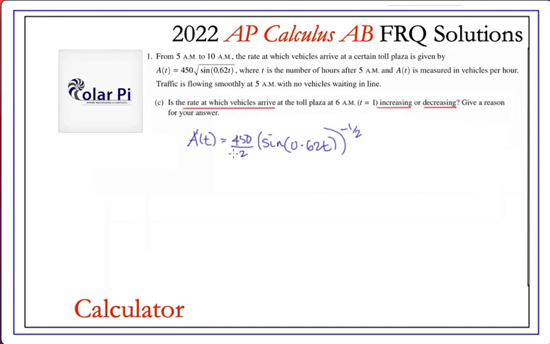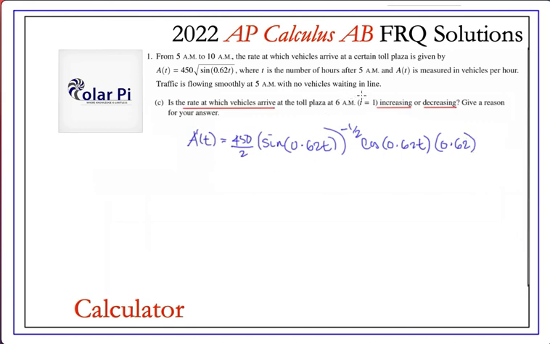I got that over 2 because I saw the square root as a 1/2 exponent, so we take the 1/2 and multiply it by the 450, giving us 450 over 2, and then negative 1/2 there. Then cosine of 0.62 t, times 0.62, which is an application of the chain rule.